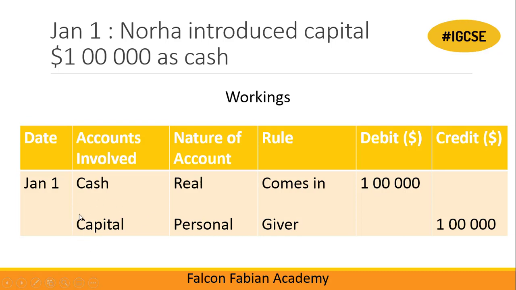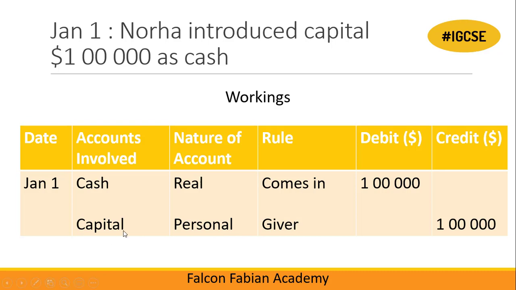Capital is the account of the owner, and owner is a person. And whenever it is a person or a business, the rule for personal account is going to be applied to it. And the rule for personal account is debit the receiver and credit the giver. Here you must understand that in accounting, the owner and the business are treated as separate entities.